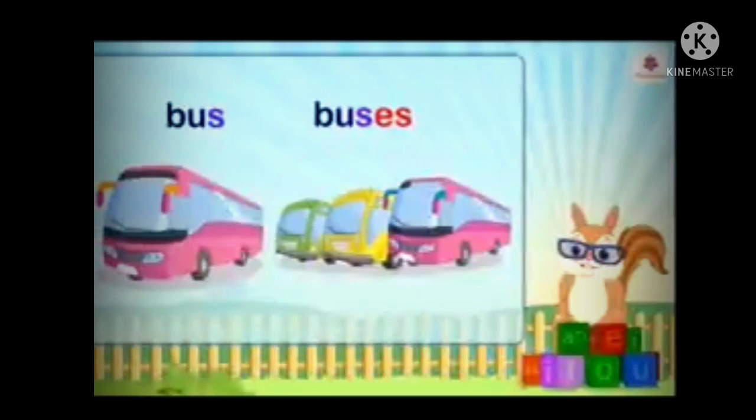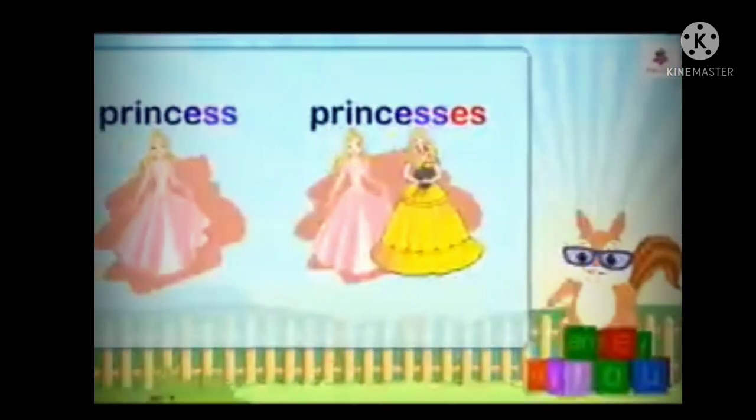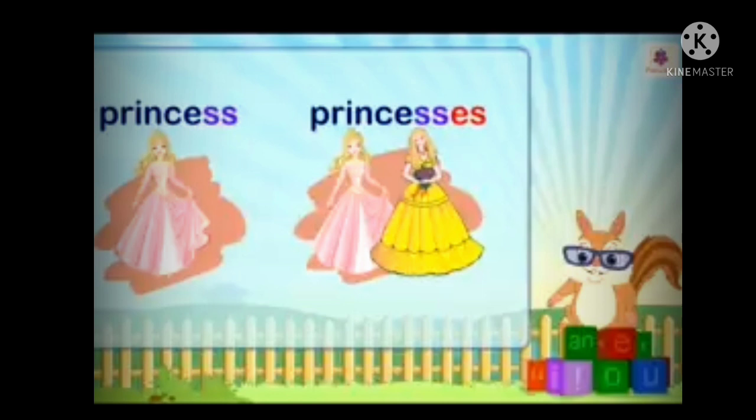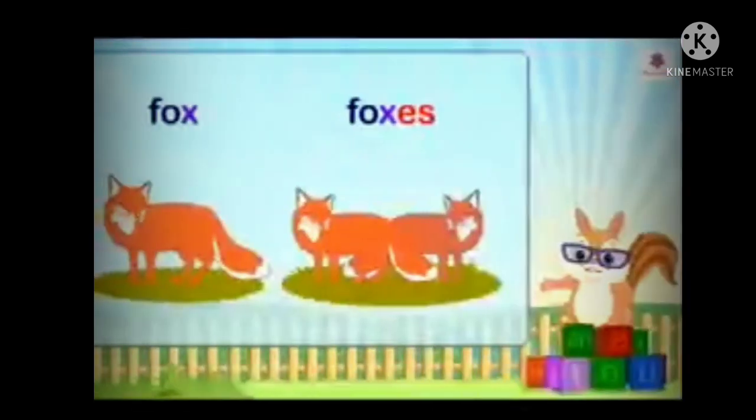Next, bus. Bus ends with s, so we add es to make the plural form. Next, princess. This word ends with double s; if we have to change it into plural form, we add es and it becomes princesses. Next one, fox.